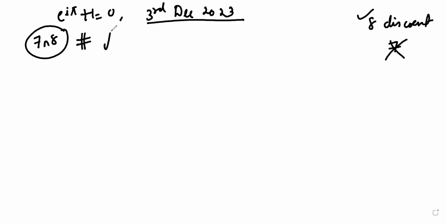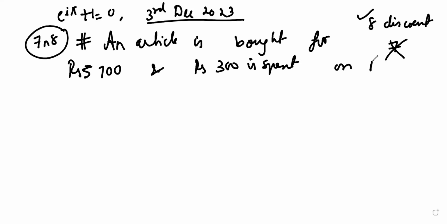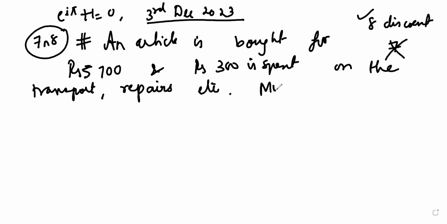We'll see this. So an article is bought for rupees 5,700 and rupees 300 is spent on transport, repairs, etc. So what must be the selling price?